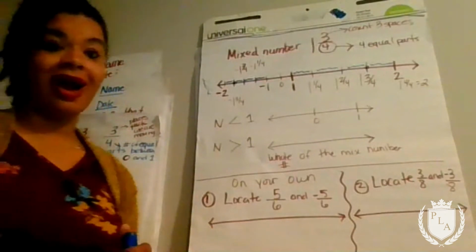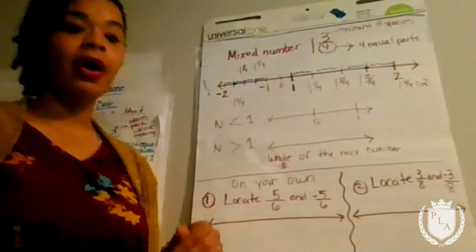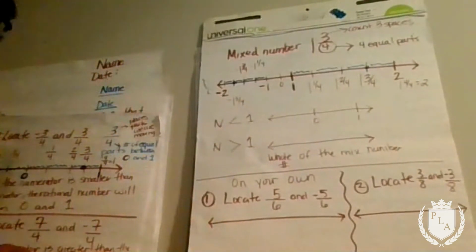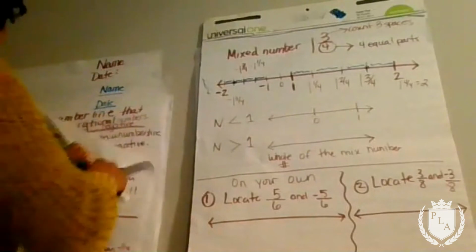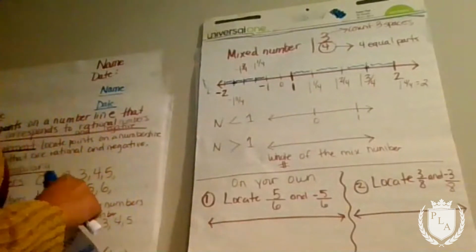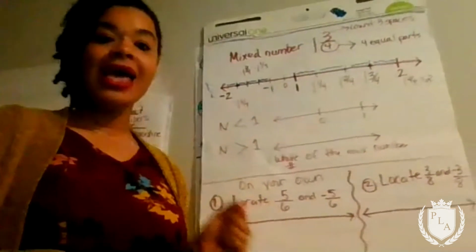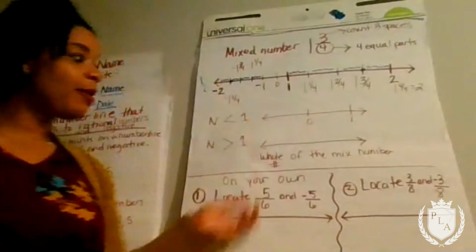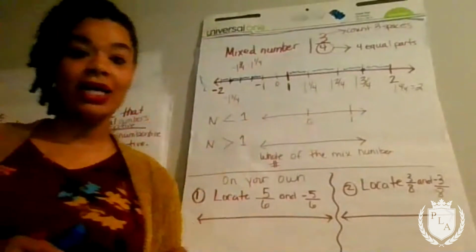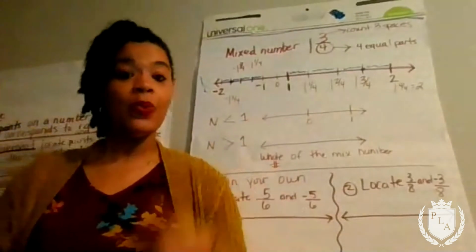Now, we'll go back to our I can statement. Our I can statement states, I can locate points on a number line that are rational and negative. I can locate numbers on a number line that are rational and negative. And we can do it.